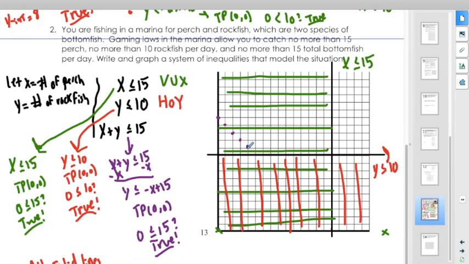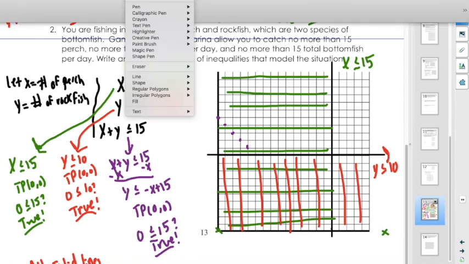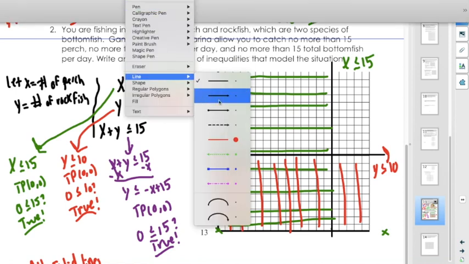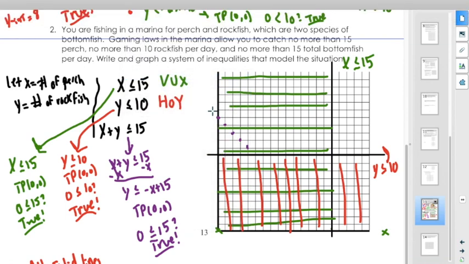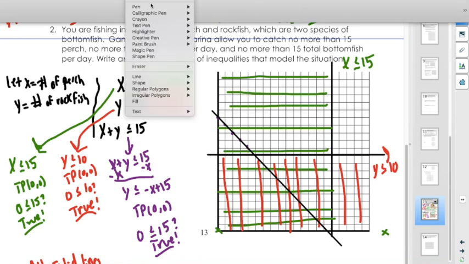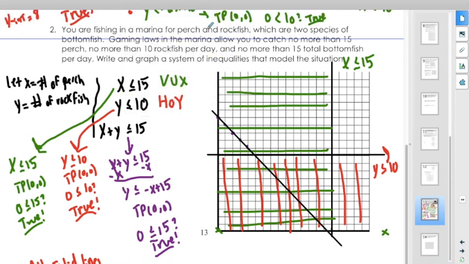Okay, I'm not going to plot all of them because I don't need to. As long as I have 3 or 4 points, that is perfect. So it's going to look something like that. Label the line. Okay, I'm going to put an arrow on it too, just to be safe. And this line is x plus y is less than or equal to 15.